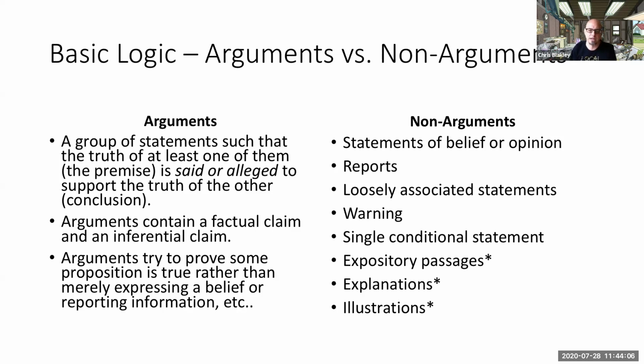It just depends on the context there. But the key idea then is that an argument has to have at least, might have more, but it has to have at least two statements, at least one premise, and then a conclusion, and then an alleged connection between the truth of the premise and the conclusion. And I say alleged because arguments can fail. Right? Doesn't mean it's not an argument, just would mean it's not a good argument.